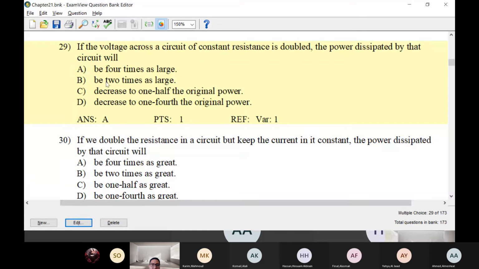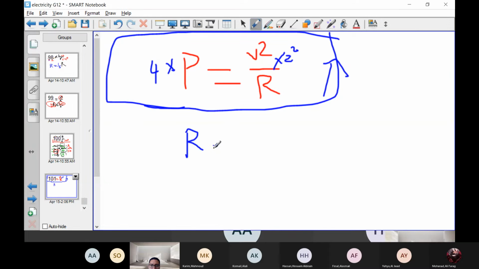Question 30, read it. If we double the resistance but current in it is constant, the power dissipated by the circuit will? So you have to mention the features: resistance, current, power. What is the relation that gathers them?